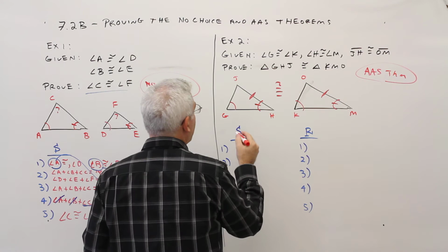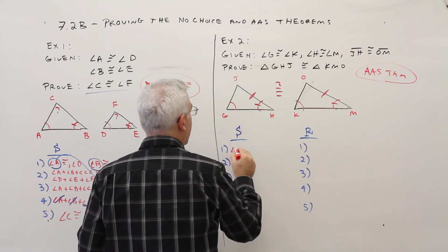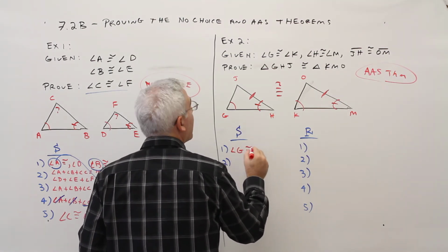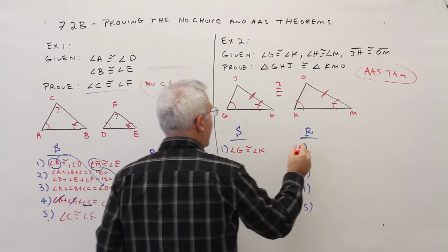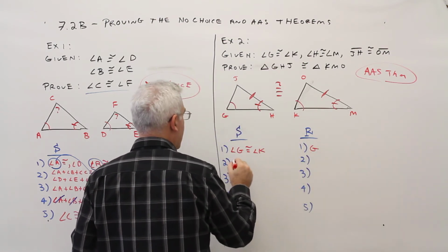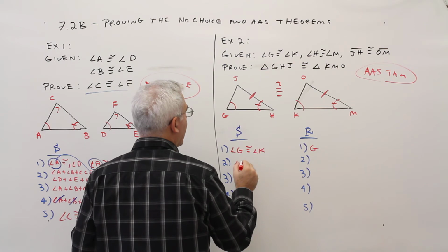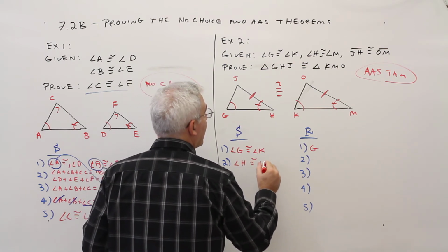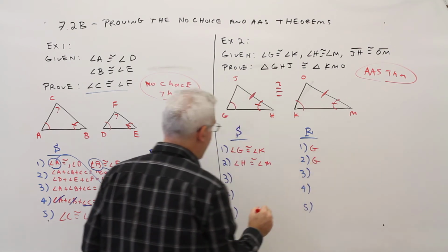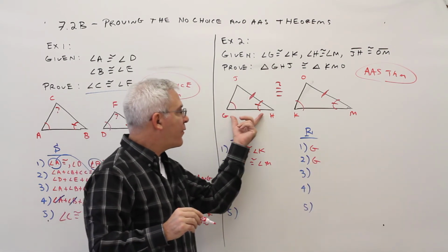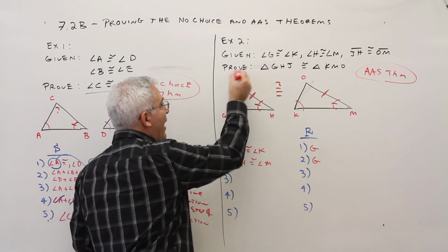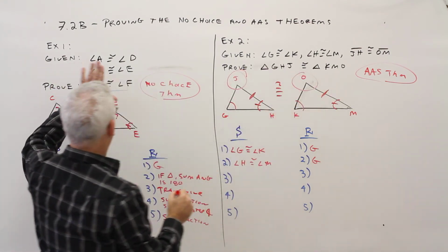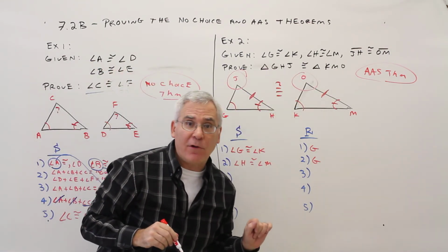All right, so I'm going to just put down the givens. Angle G congruent to angle K, given. Angle H congruent to angle M, given. Based on those two angles and those two angles, I can then use the no choice theorem to get those angles congruent.